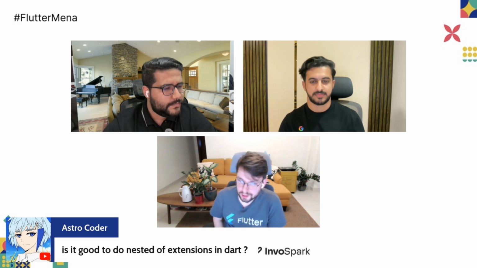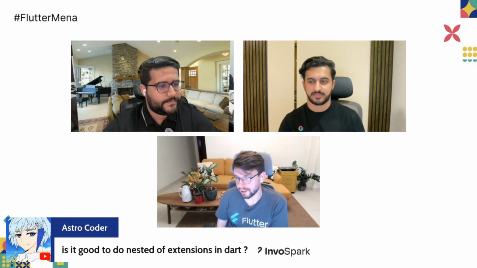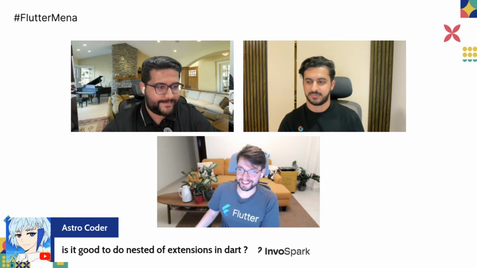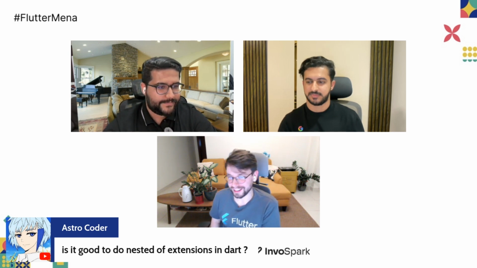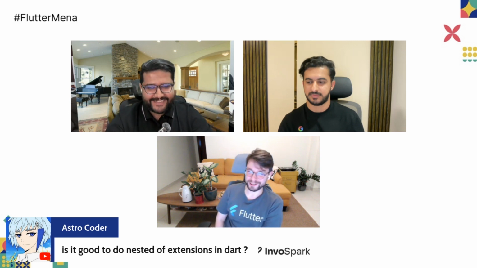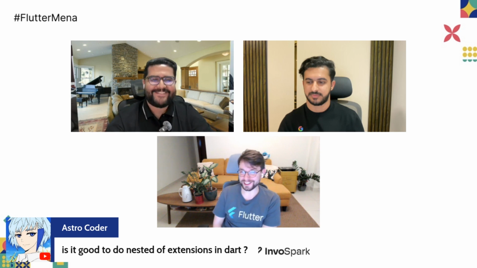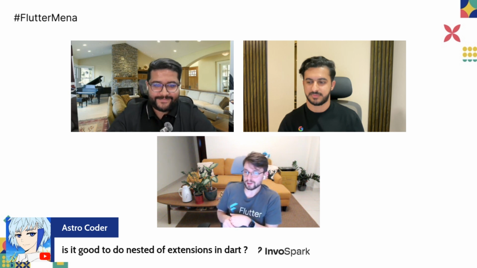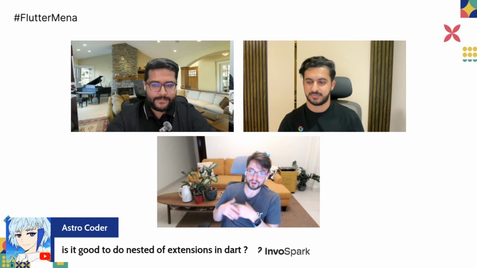Nested extensions, using extensions, I'm a big fan of it. I think maybe it can be explained by the fact that I'm coming from Kotlin development, and I was truly obsessed with those extension functions, and I still heavily support them, because using extension functions, you are also specifying explicitly what the types are where those extension functions can be used.